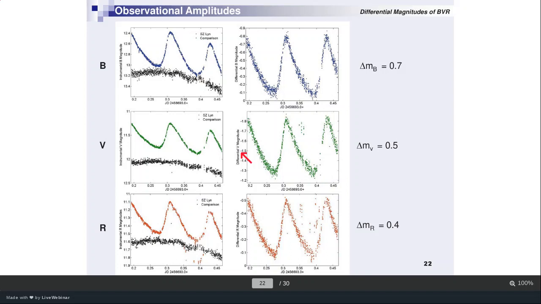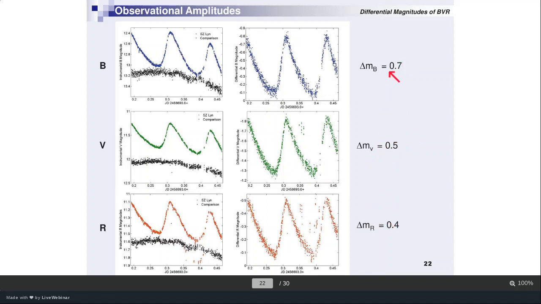In that case, we have to determine the amplitude of these oscillations. Now you can see the amplitudes of the main frequencies. For the B band, this is the amplitude, and for the R band, the amplitude is different. They are not the same, right?